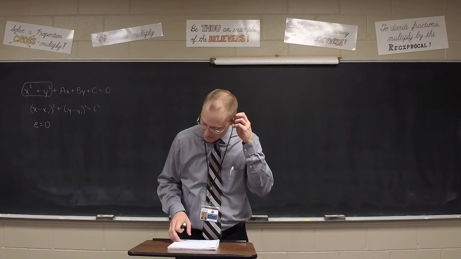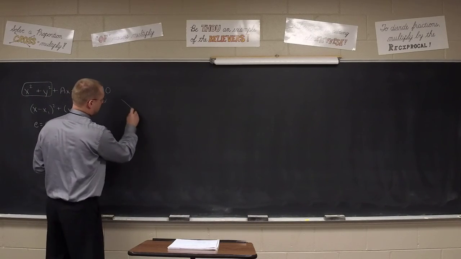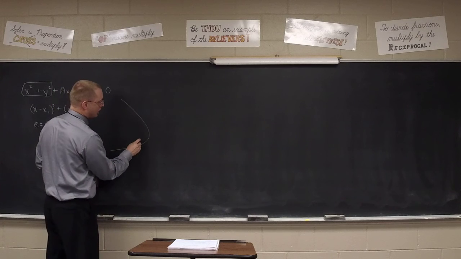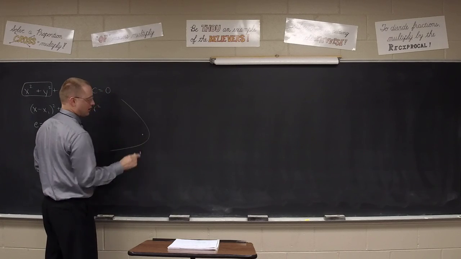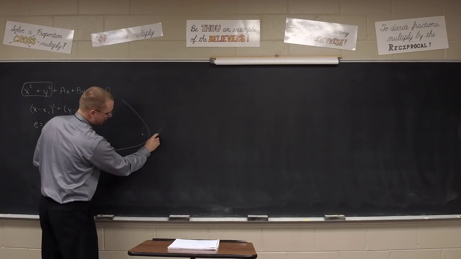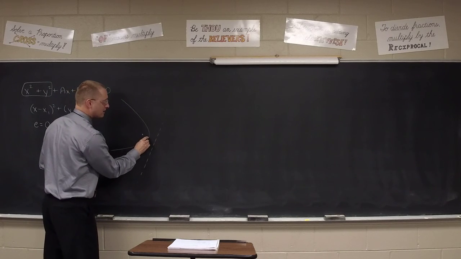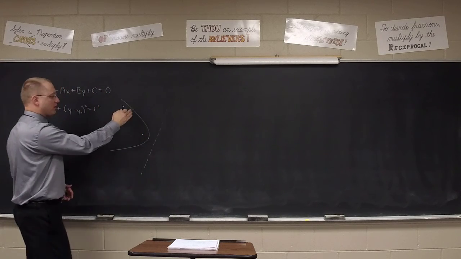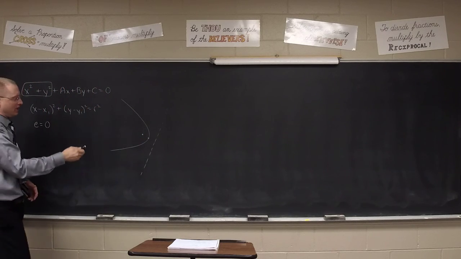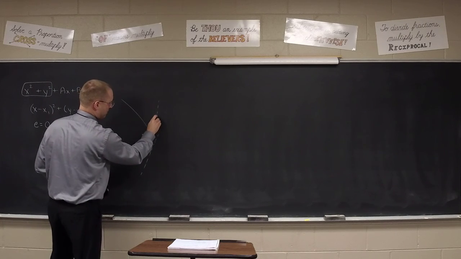So with our parabola, let's just say the parabola looks something like this. We've got this point that is our focus. We've got this line that is our directrix. And then we've got this point where the parabola changes direction. I don't know that this is well drawn, actually. I think maybe the point would be more here, which means the line would actually be more like this.